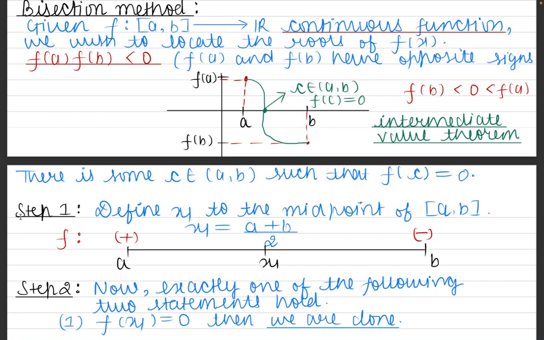You just take x1 to be the midpoint, because there will be some root between a and b. We don't know that root, obviously. So you take the midpoint. Now at x1, f will have either a positive value, a negative value, or a zero value. If it has zero value, then we are done.